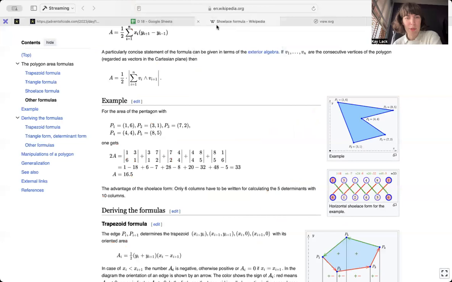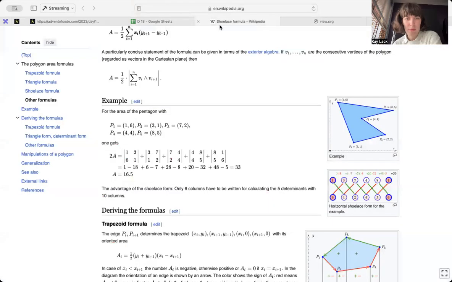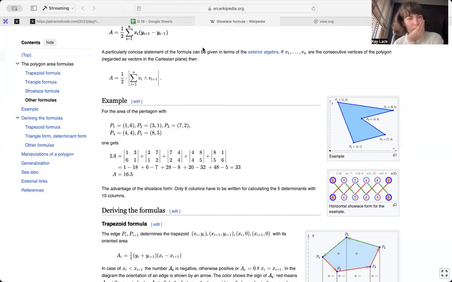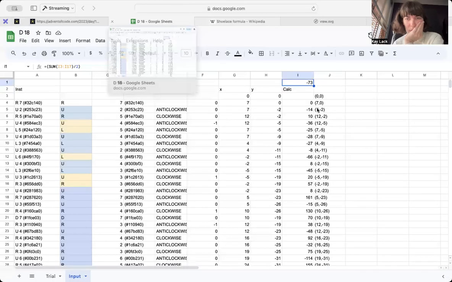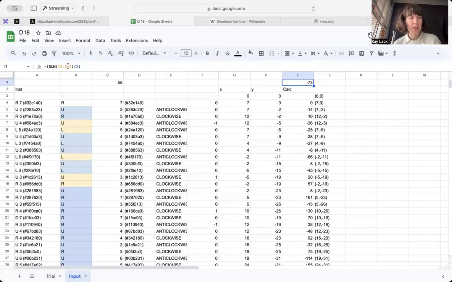Yeah, I think I may have got the formula wrong. Oh, there we go.